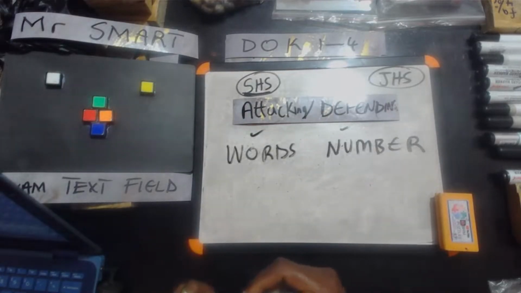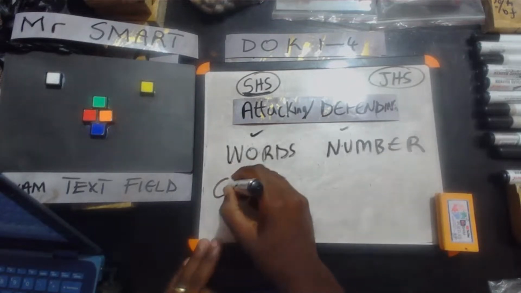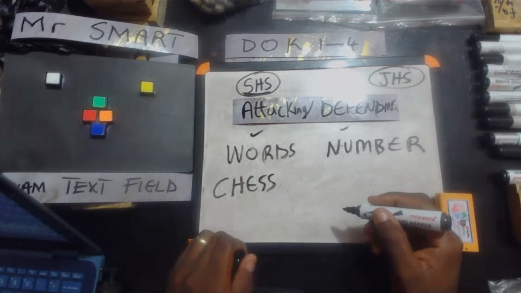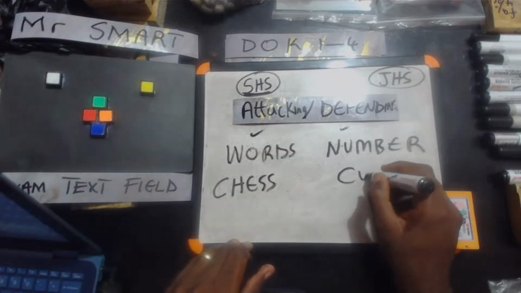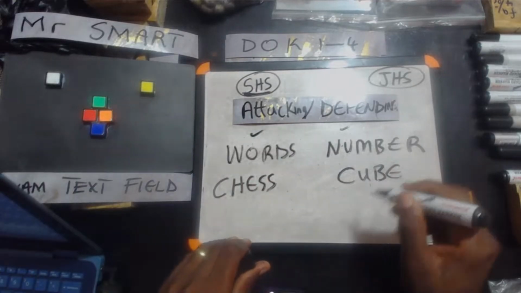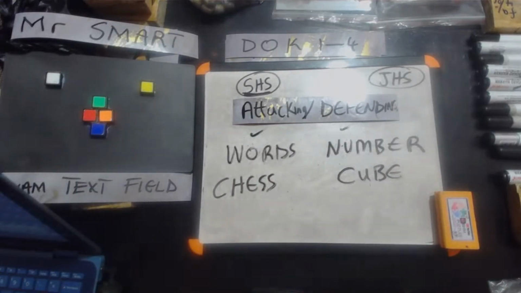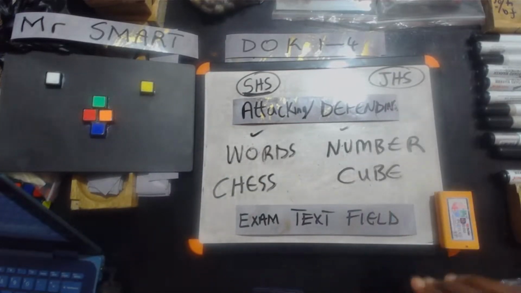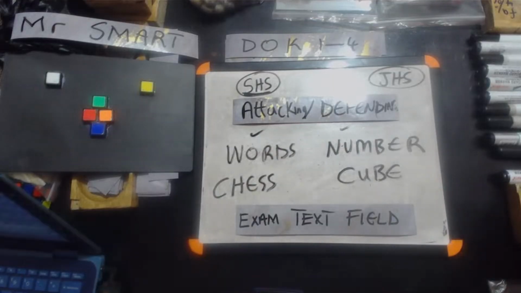Defending our words, defending our numbers. And we have to play a game of chess with the words, and we have to play a cube game with the errors. And that will lead us to the exam text field.